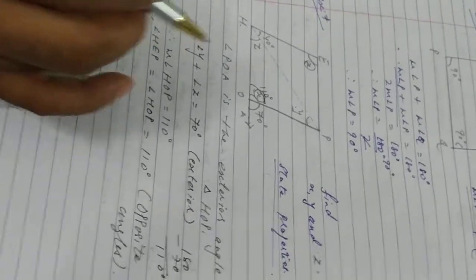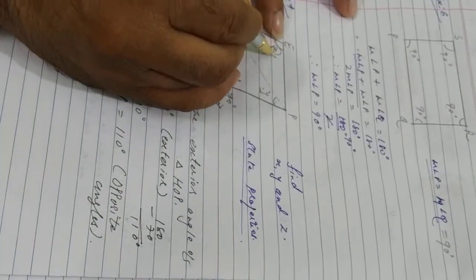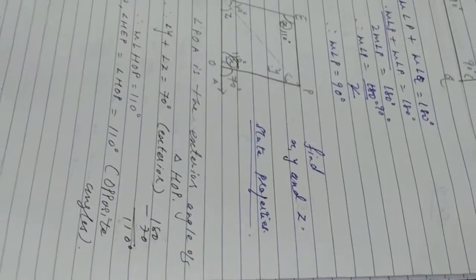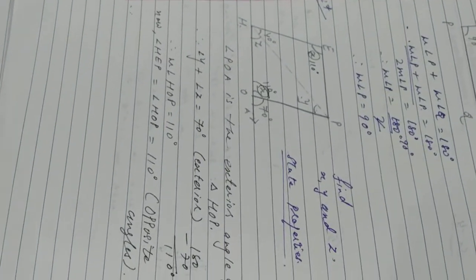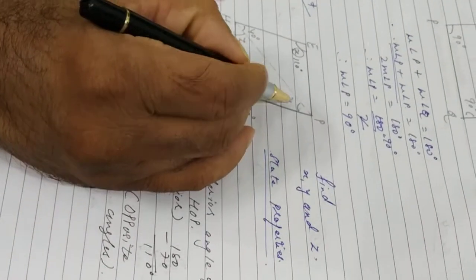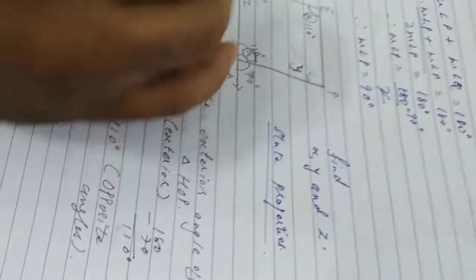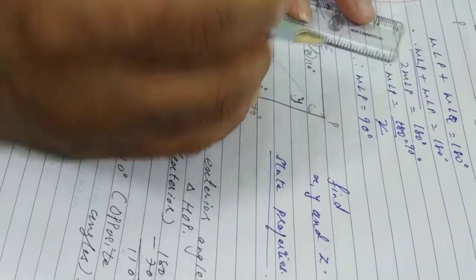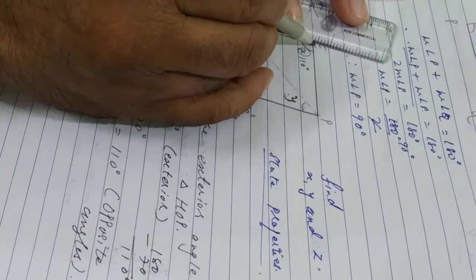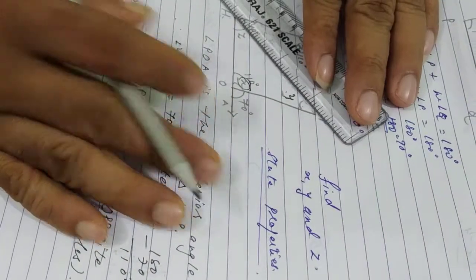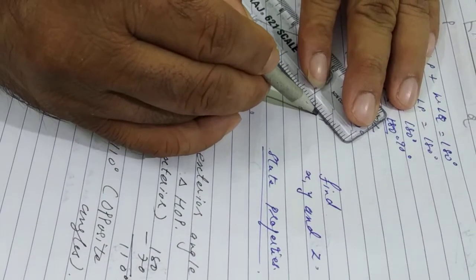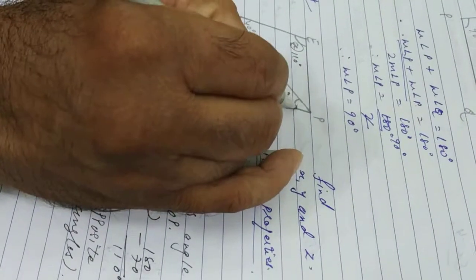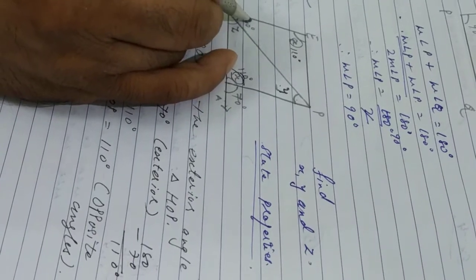Now what we have to find out? We got the measurement of X as 110 degree, right? Now we have to find Y. See, Y is a pair of alternate angles.